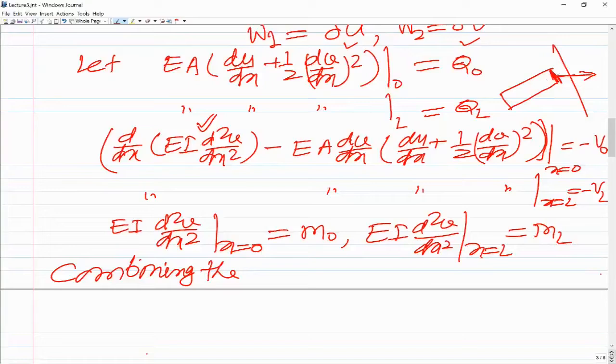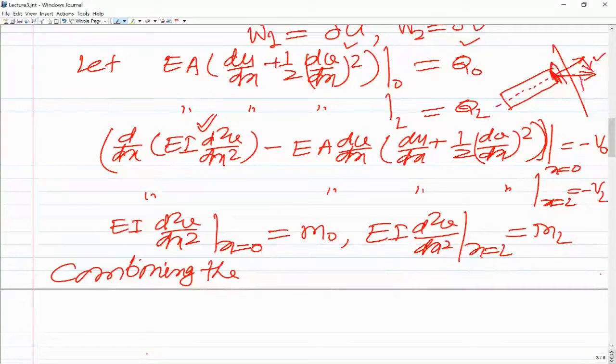This force can be resolved into two components, one along the neutral axis of the beam, in this direction, and another component in this direction. So these components, with a negative sign, add with the shear force d by dx of EI into d2v by dx square, which is there here. So that is how it comes.